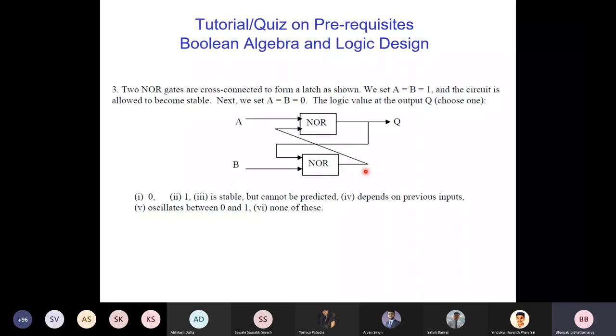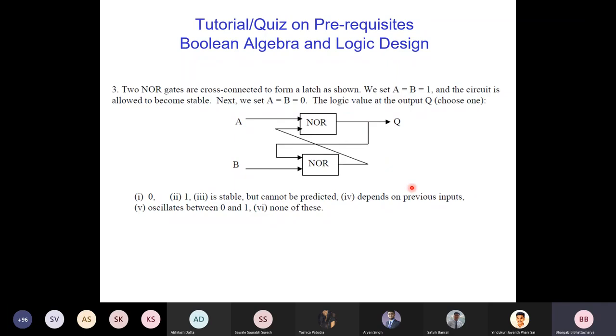Since this is 0 and this is also 0, you have 1, 0 here, and similarly 1 here, 0 here. Now this one and this one simultaneously become 0. So now you will have 0, 0 here and 0, 0 here. What will happen? 0, 0 would force this to 1, right? So now this becomes 1. So now you have 1 and 0. What will happen? So now you are in trouble.